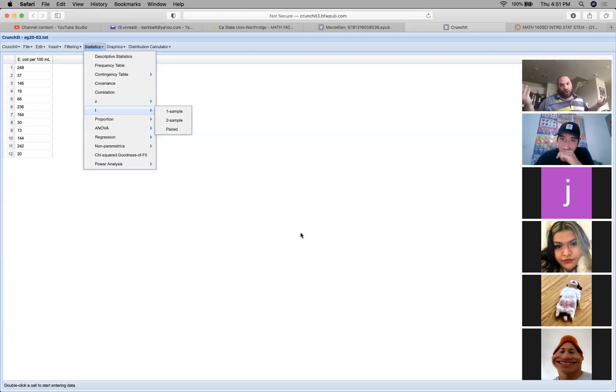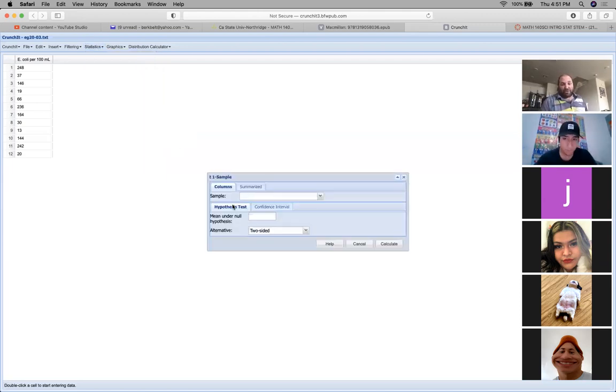And also, we don't know sigma. So we go to T. Is it one sample, two sample, or something we haven't learned yet, which is a paired sample? It's one sample. Are we doing a hypothesis test or a confidence interval? Hypothesis test. What is the mean under the assumption of the null hypothesis?